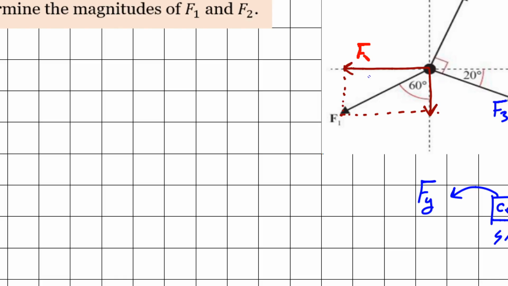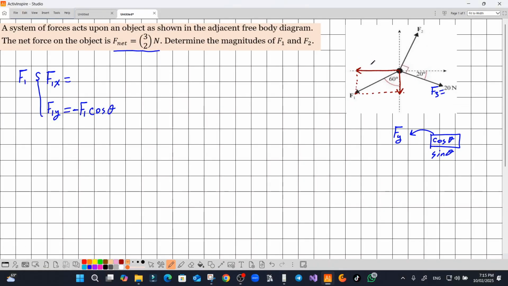Now for the F1x, you can swap between x and y. This direction is negative, which is why I need to add the minus here. And since we have applied the cosine theta, now we need to apply the sine theta for the second component. So this is F1 multiplied by sine theta.